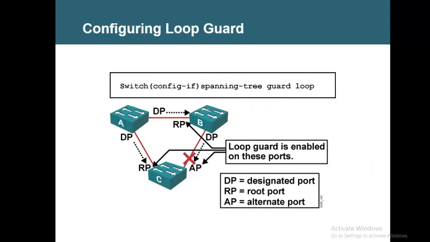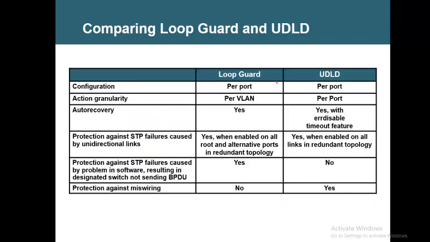Alright, loop guard: spanning-tree guard loop. It sends the special ping messages and keeps the blocking port blocking. So this is what I was telling you: STP failure, meaning software failure, is prevented by loop guard.